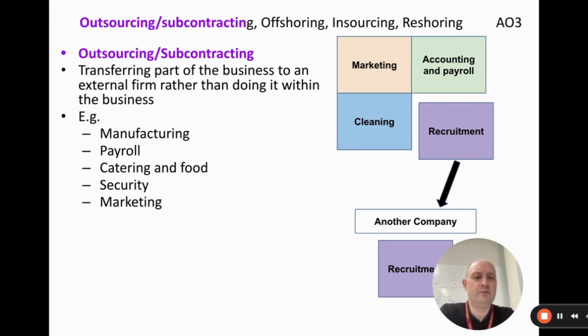This would be an example of outsourcing, but we could also outsource any part of the business. We could outsource manufacturing, where we get another company to do our production for us, payroll, catering and food. A lot of businesses might have a canteen on their site, but they get another company to come in and do the catering for them so they don't have to do it themselves.